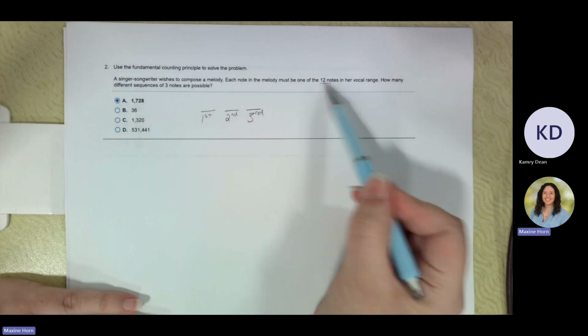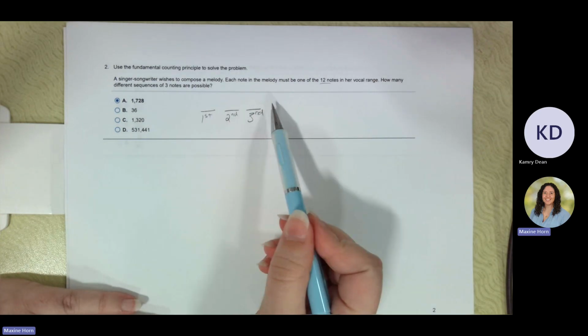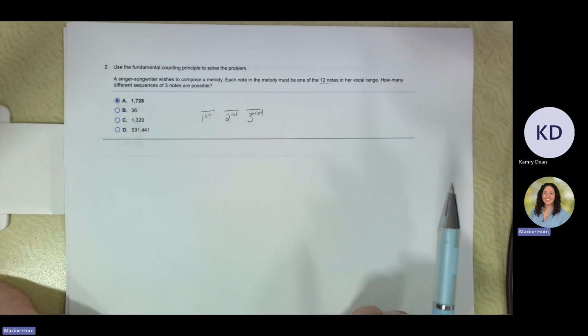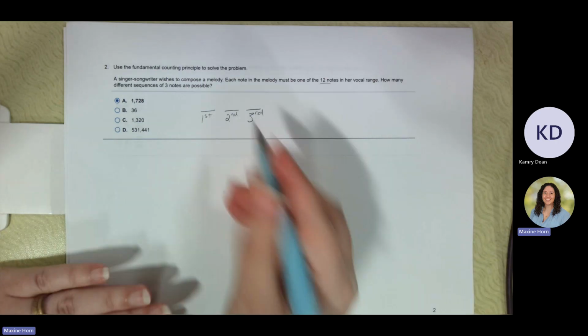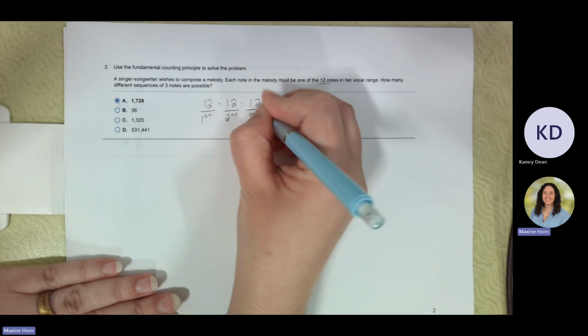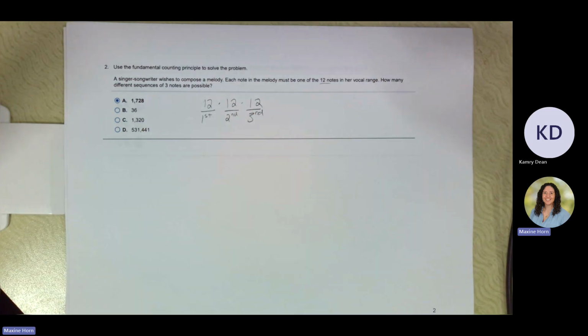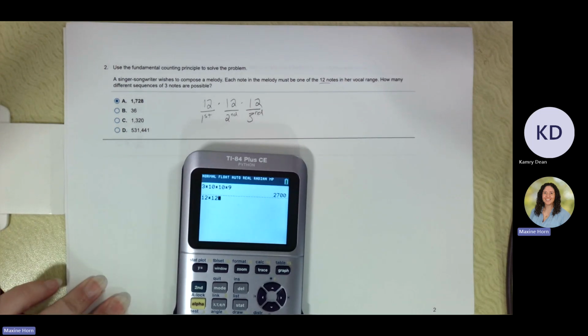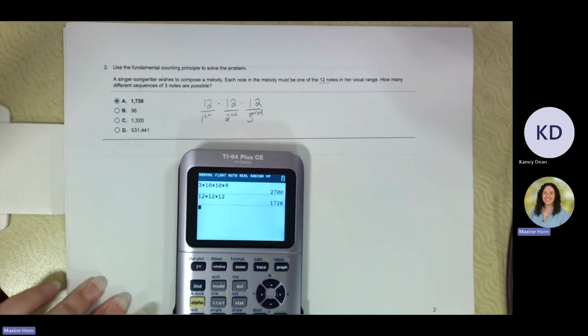And I have 12 notes to choose from for each of these. They didn't say that we couldn't repeat any of them, or that it had to start with one particular note. So there are no constraints, and I can use all 12 notes for every single blank space that I'm filling in. So I can do 12 times 12 times 12.